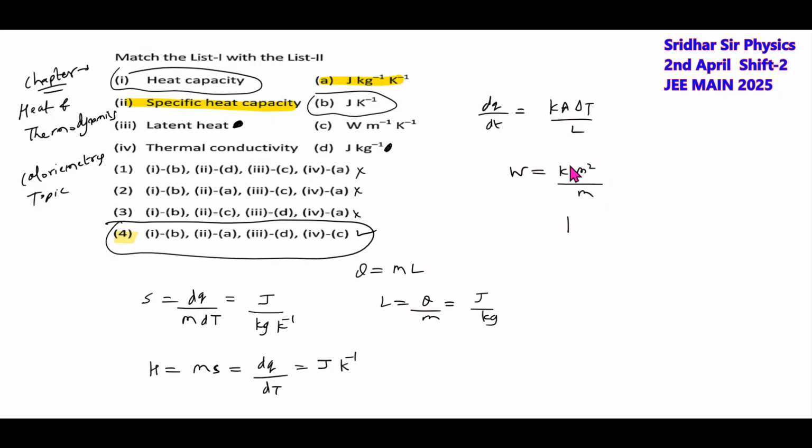So the unit for thermal conductivity will be watt per meter per Kelvin. Okay, done. There is one basic method: just the thermodynamic definitions. You must know the thermodynamic definitions and all the calorimetry concepts. If you know the basic definitions, you can do this problem very easily. I'll take the next question.